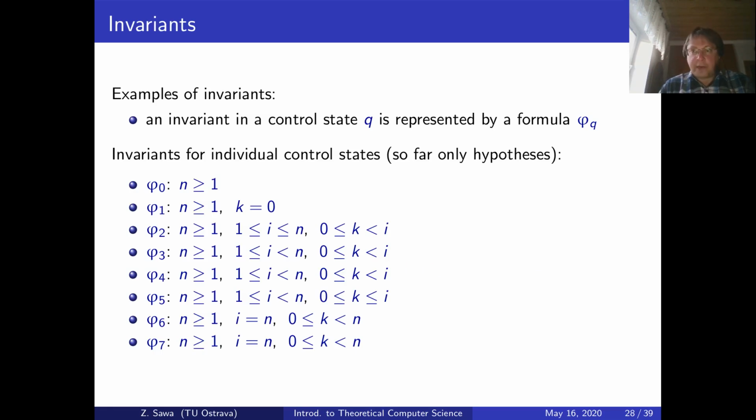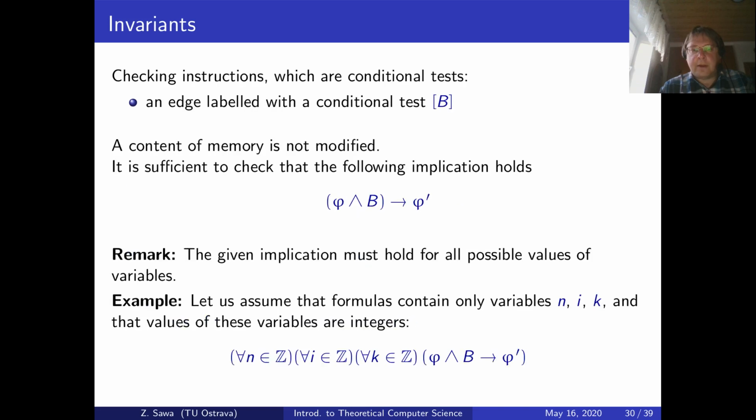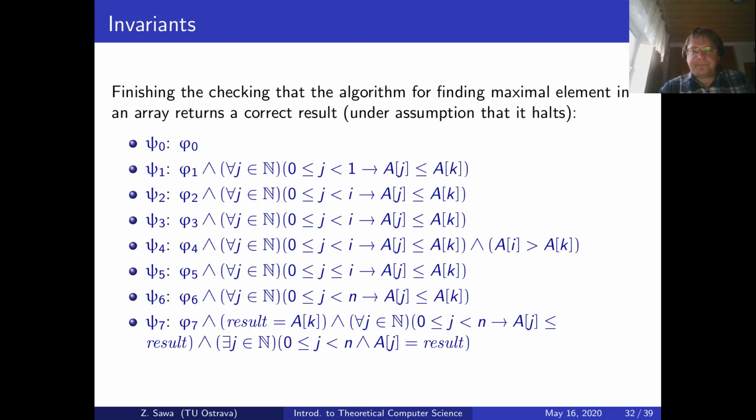So we can now be sure that there is no access out of bounds of the array, but it still does not ensure the correctness of the result. Even if we know these invariants are correct, we cannot be sure that the algorithm will produce a correct result. But we can use a similar idea. We could just extend these invariants.